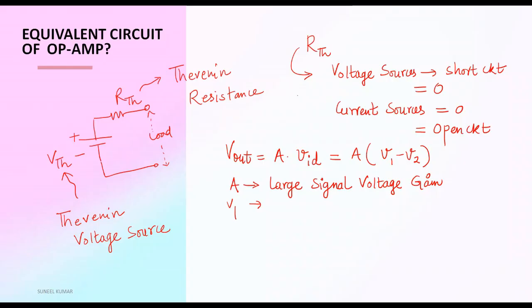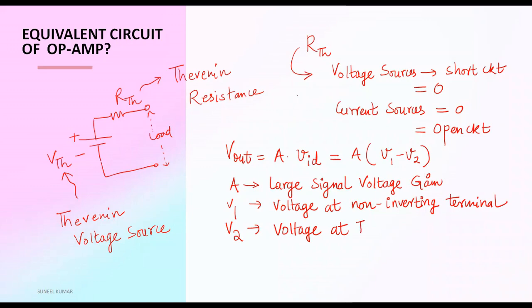We know that V1 is the voltage at the non-inverting terminal, and similarly this V2 is the voltage at the inverting terminal.